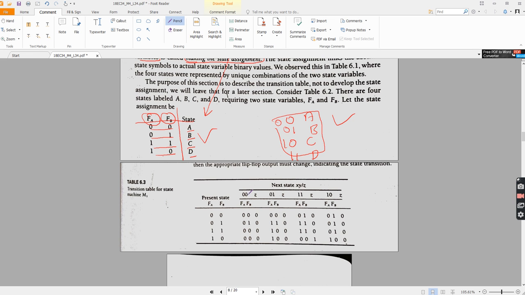Yes, sir. Look here, what is this x0? What is 00? A. No, I asked what is 00. Input X is x. Why are we writing F here? It means whenever there are 4 states, how many flip flops do I need? Depending on the number of states, if there are 4 states, how many flip flops do I need?